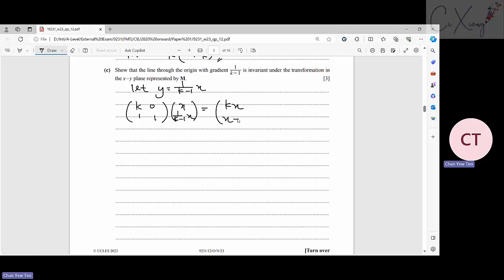Then this one is x plus 1 over k minus 1 x. So if you combine the second expression as one term, you are going to have k over k minus 1 x.